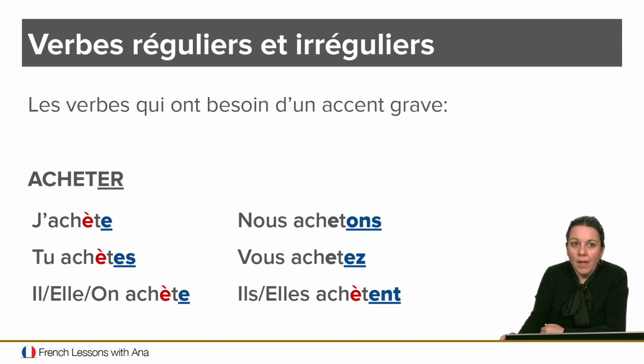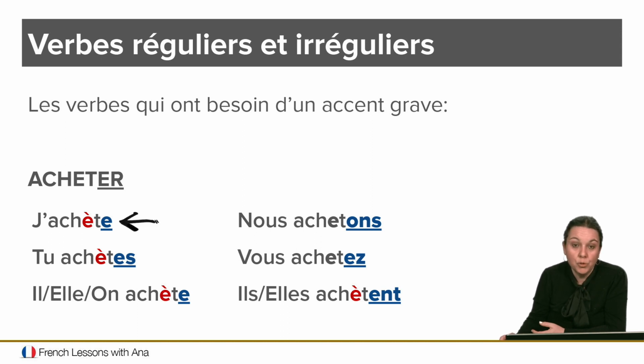Now, the silent E becomes a pronounced E. So in order to do that, instead of doing a double consonant like we saw for prendre, where there was a double N, in this case we added that accent grave, which is going backwards, okay? And so it goes from acheter to j'achète.